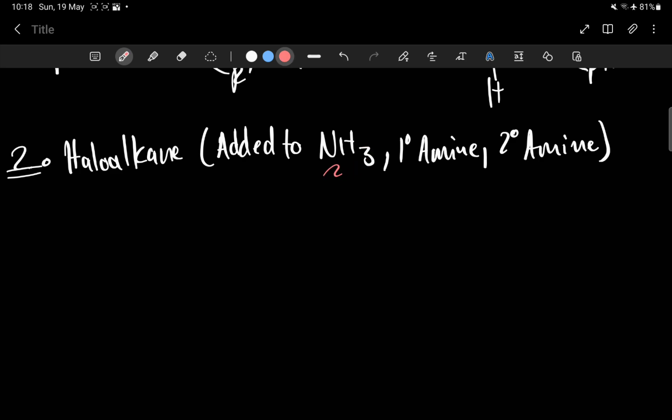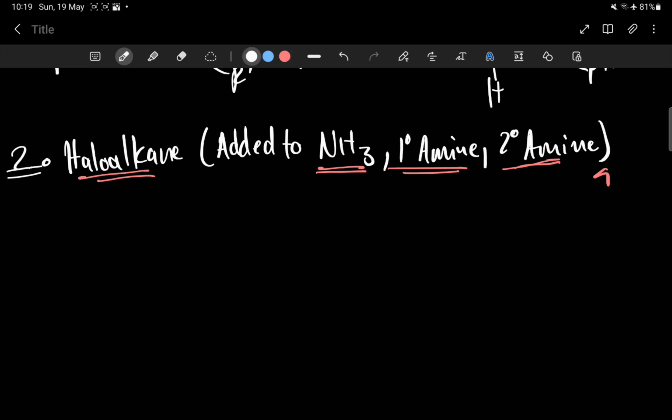So if we add ammonia to a haloalkane, we'll get a primary amine. If we add a primary amine to a haloalkane, we'll get a secondary amine. If we add a secondary amine to a haloalkane, we'll get a tertiary amine. So these are the things which we can add: primary, secondary, and the ammonia itself.